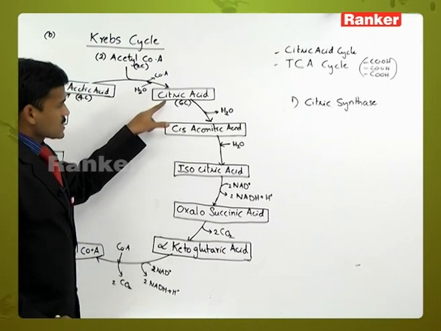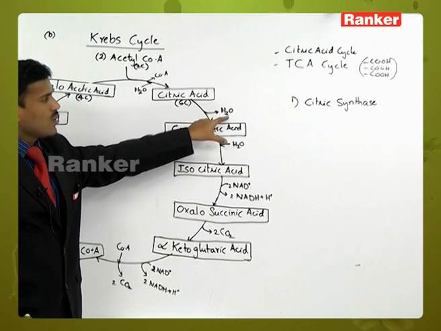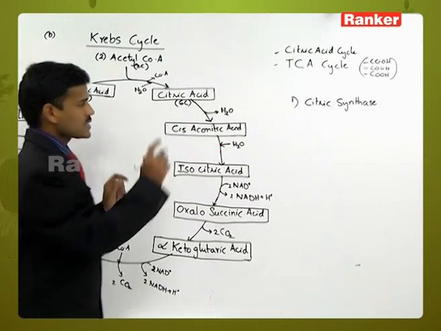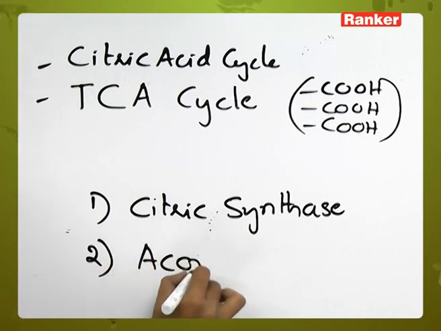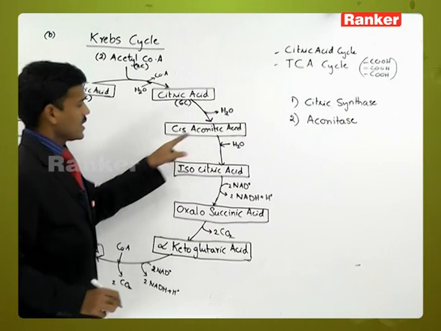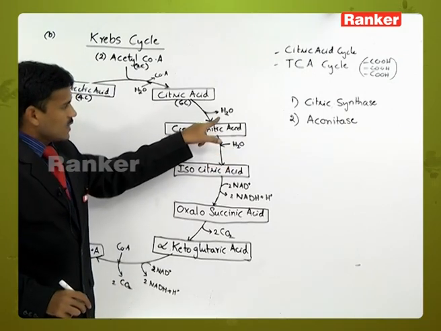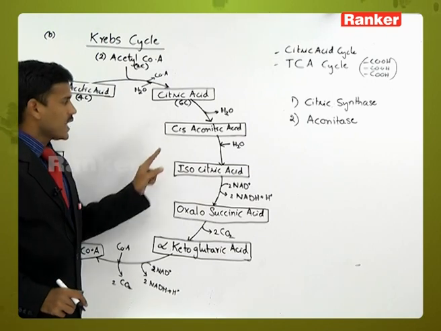The next second reaction is a dehydration process, removal of water. This removal of water is catalyzed by the aconitase enzyme. And after the removal of water, the compound produced is cis-aconitic acid.